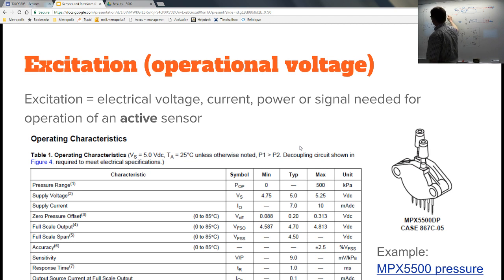Capacitance, okay, that's one way of exciting it. It's electronics that make this a part of an oscillator or part of an integrator. So that's the way to excite. Basically it's the power which is needed to use the sensor. One sensor, for example, is audio.